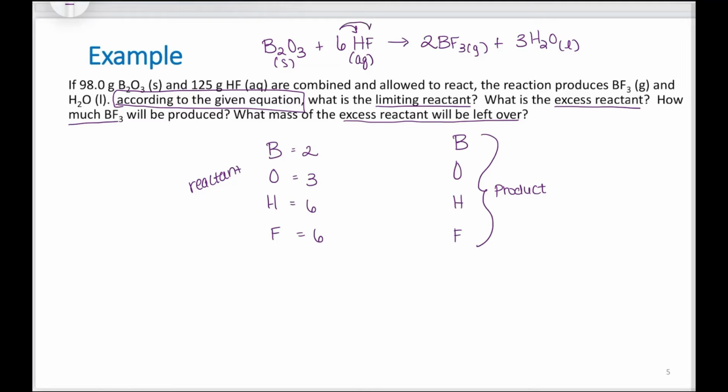Note that this coefficient out in front applies to the entire compound or molecule following it. When I look at the product side, same thing. This counts for the entire molecule or compound following it. So I've got 2 borons, 2 times 3, or 6 fluorines, 3 times 2, or 6 hydrogens, and 3 oxygens. My reaction is indeed balanced, and I can go ahead and move forward with the reaction.